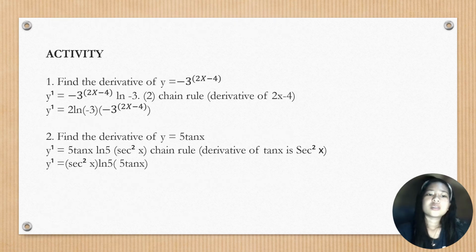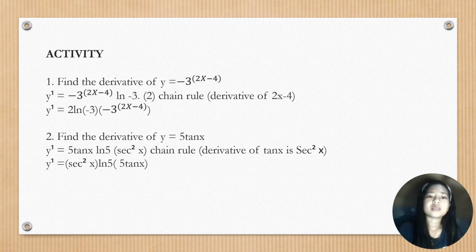So we have here two items of activity. Number 1 is find the derivative of y is equal to negative 3 raised to the power of the quantity 2x minus 4. Same process again using the chain rule.